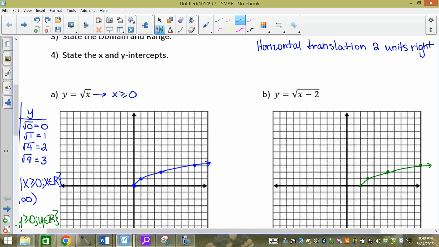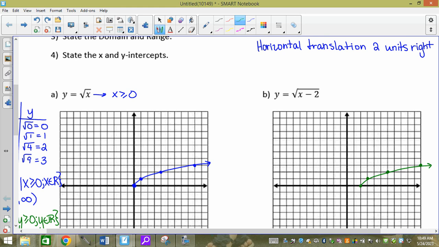How can I find my domain easily without actually having to look at this graph? What's underneath the radical has to be what? Okay? What's under the radical has to be? Is the same answer you gave last time. Positive. Yeah, has to be positive or equal to 0, right?